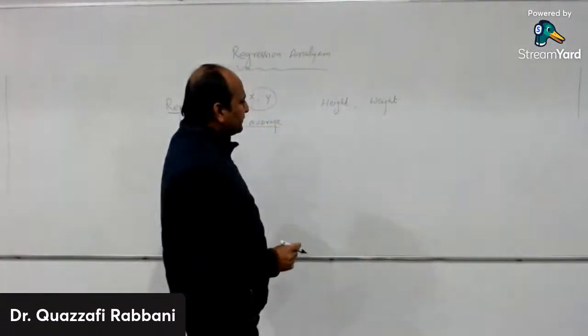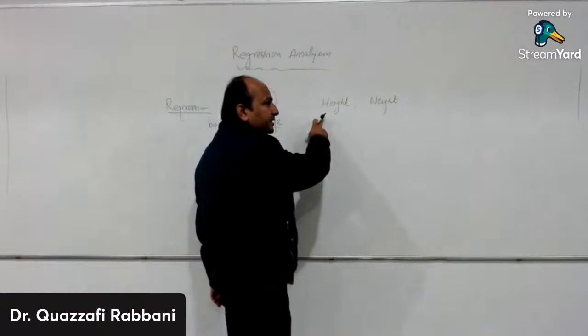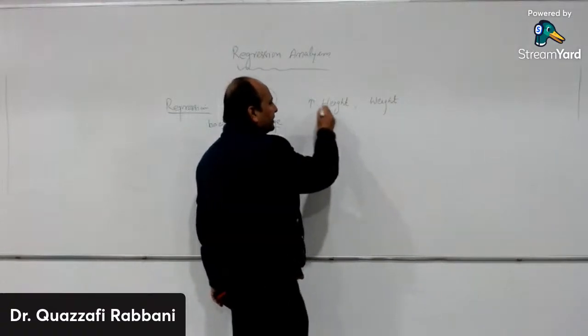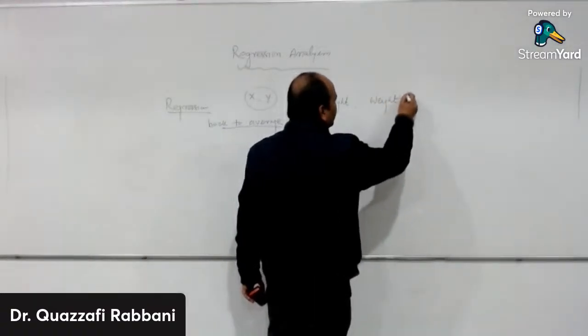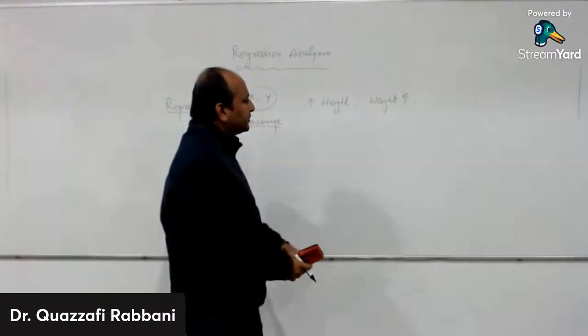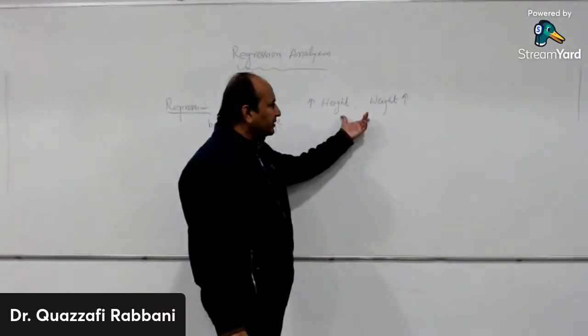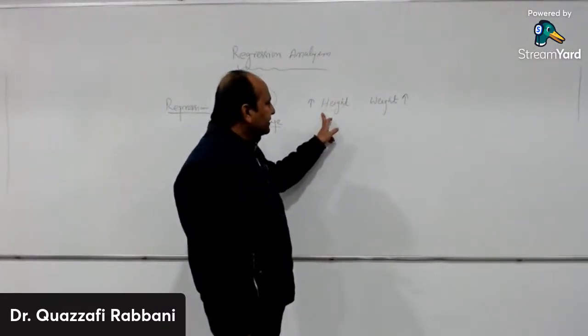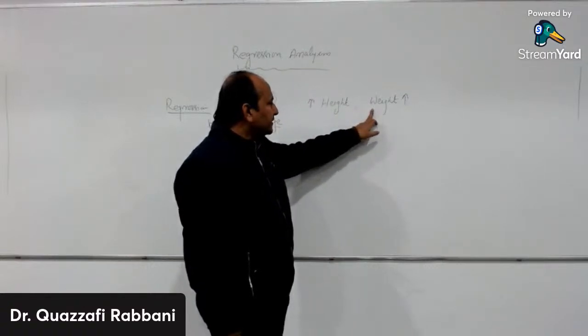In correlation, we have seen that if height is increasing, then weight will increase, and we say that these two variables are positively correlated. So height is increasing, then weight is increasing.